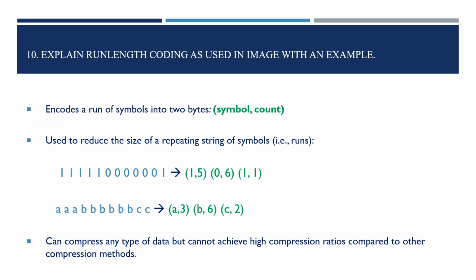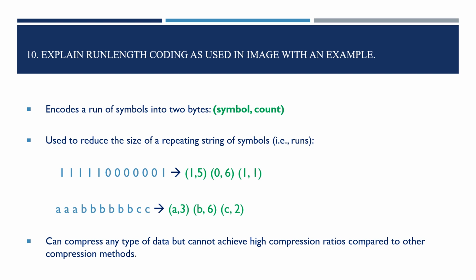Question number 10. Explain run length encoding as used in an image with an example. In run length encoding, we compress the image details into just 2 bytes, namely symbol, comma, count. Two examples are given. The first is a string of ones and zeros.